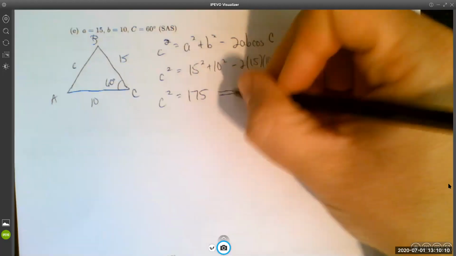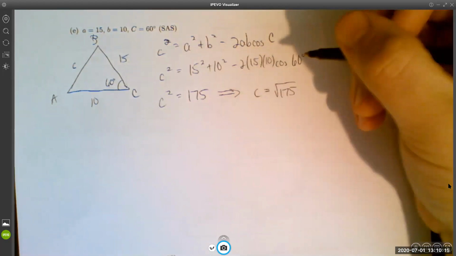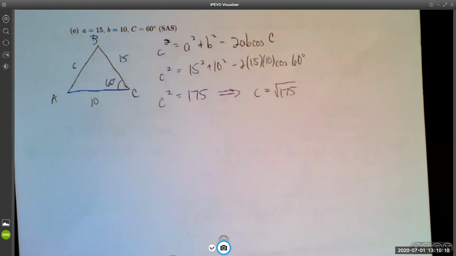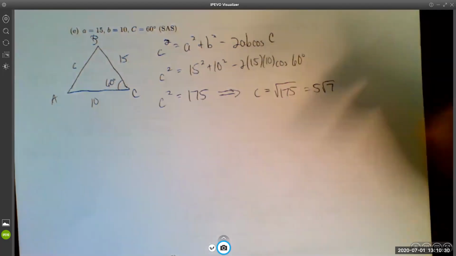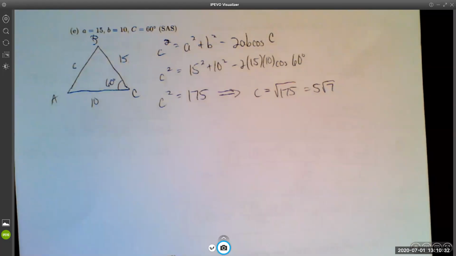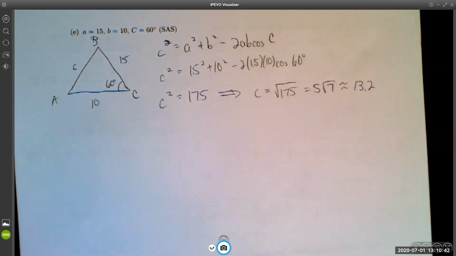So that means that c is square root 175, which can simplify. I know 25 goes into that. So this should be 5 root 7. Or if you want a decimal, 5 root 7 is about 13.2. Okay, so there's c.